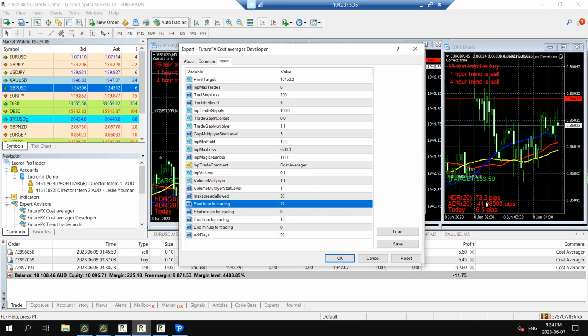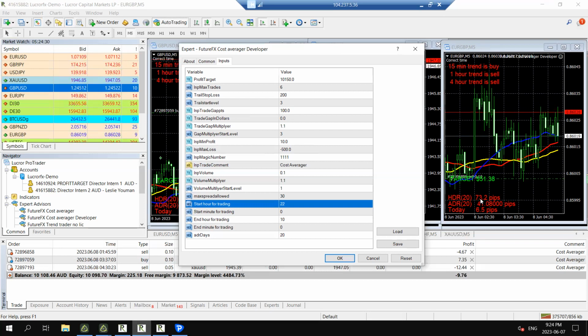Personally, my settings allow me to... I haven't actually worked it out, I do have a calculator for that, but these settings for me on Euro Pound would allow me to have at least 150 pips of movement before I incurred 5% drawdown and hit my equity protection.